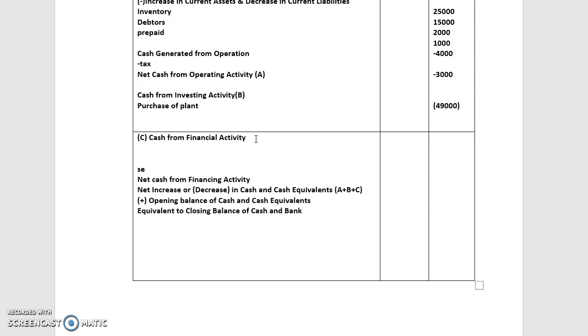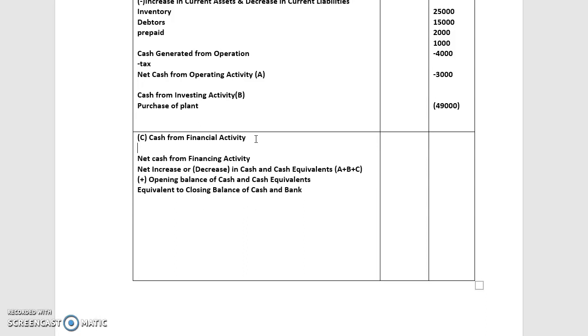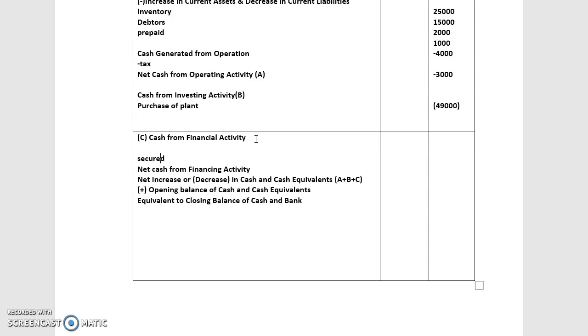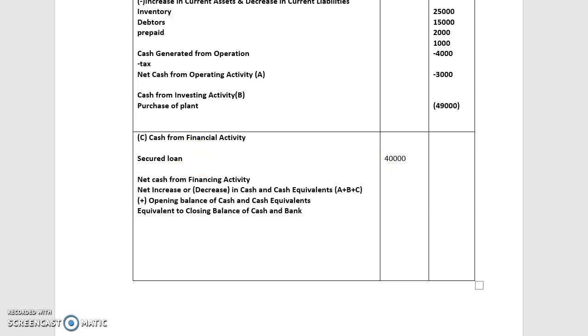Secured loan amount will be 40,000, the difference amount.